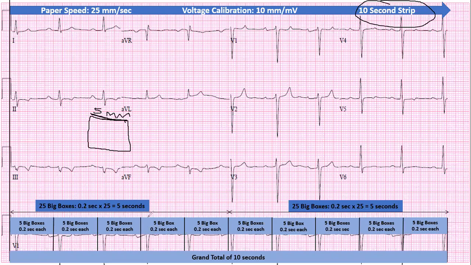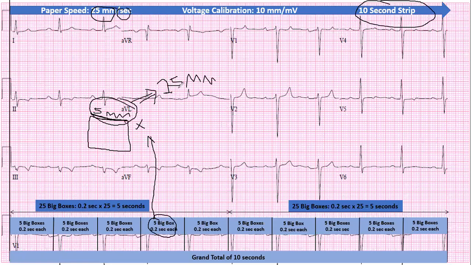Now, if you take one cluster or one group of 5 big boxes, one group of 5 big boxes, multiply by, we know that each one is 5 millimeters. So there's 5 boxes of 5 millimeters. What is it going to give you? It's going to give you 25 millimeters. So that explains the first one.